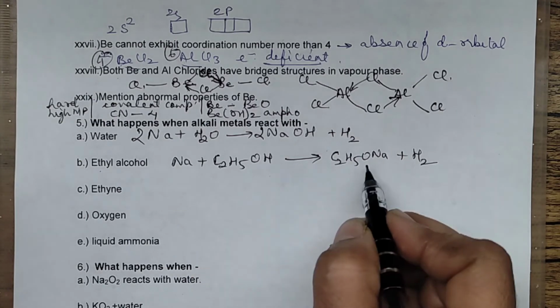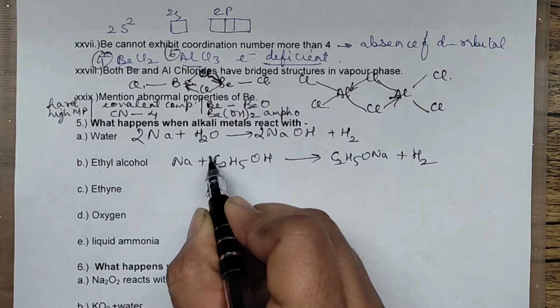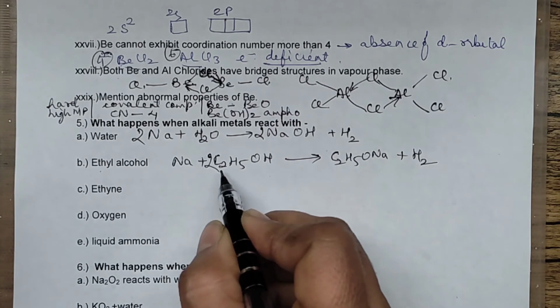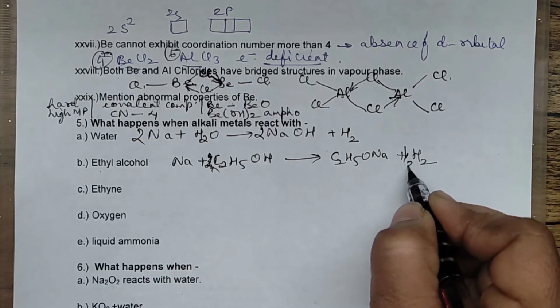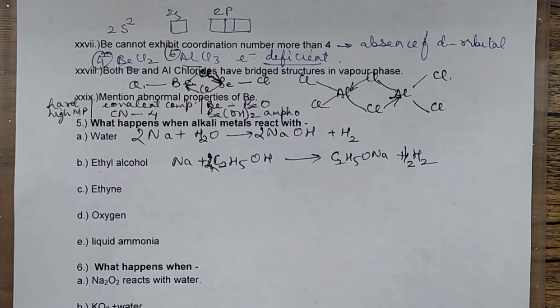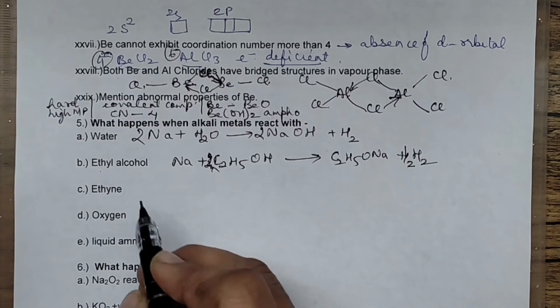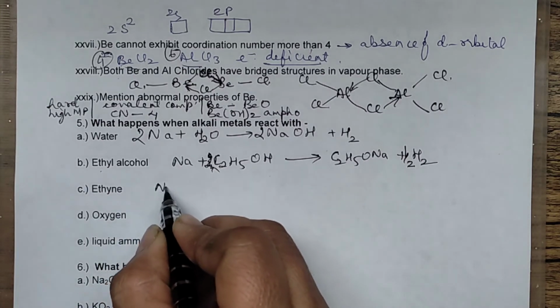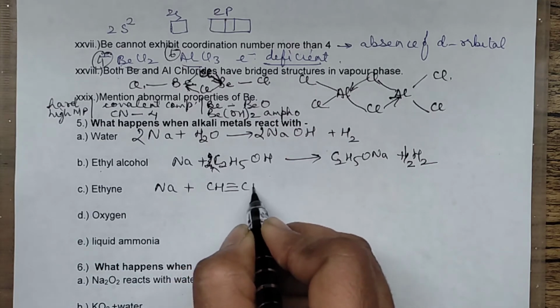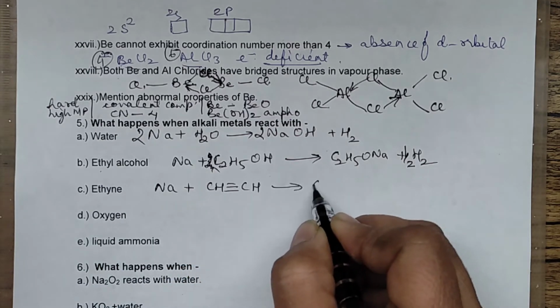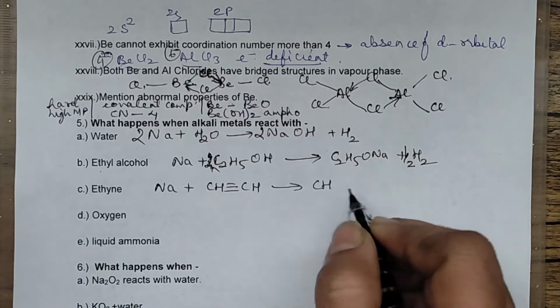If you balance this equation, you will get 2 here for hydrogen. If not, what you can do is remove this and just put this as half. That's enough. You'll get sodium ethoxide plus hydrogen gas liberated. Same way, alkali metals react with ethyne, which is also a proton donor, and it replaces the position of hydrogen.